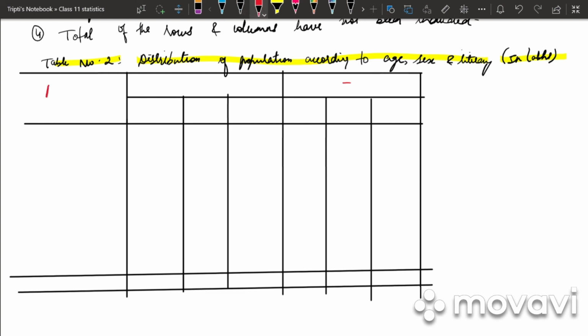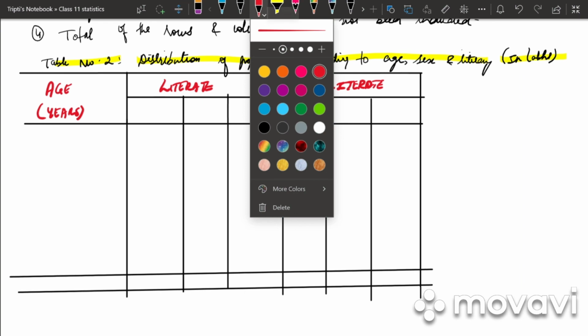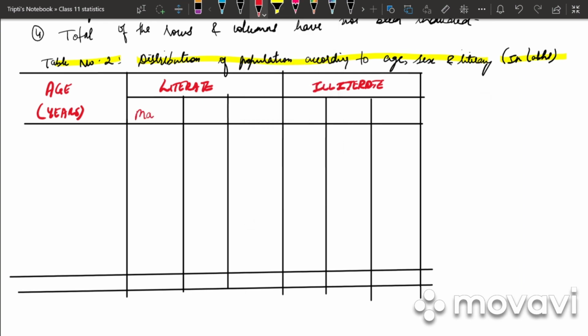So what will be the first heading? We have age. In bracket we can write years. Then we'll be having literate, illiterate. We have male, female, total. Under illiterate also we have male, female and total.